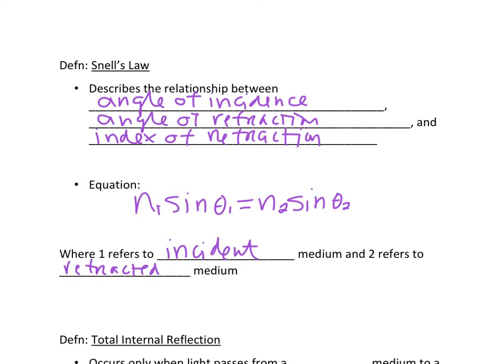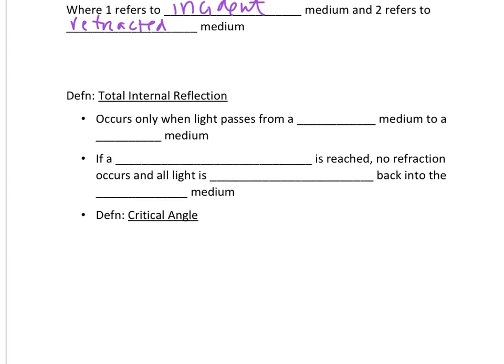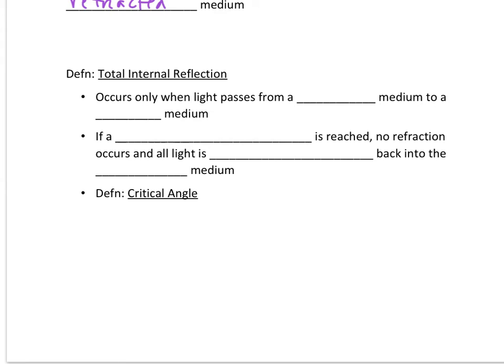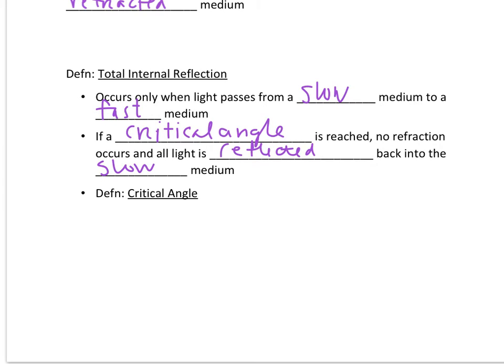And this brings us to the last thing we're going to look at, total internal reflection. Total internal reflection occurs only when light passes from a slow medium to a fast medium. If a critical angle is reached, no refraction occurs, and all light is reflected back into the slow medium.